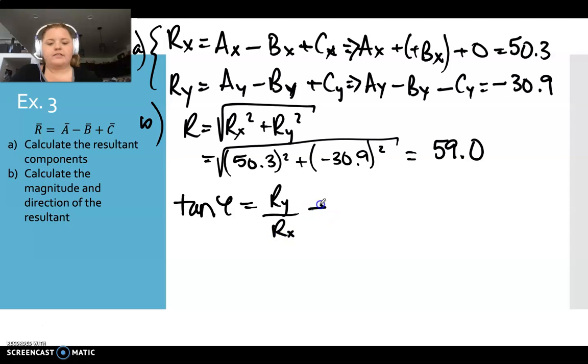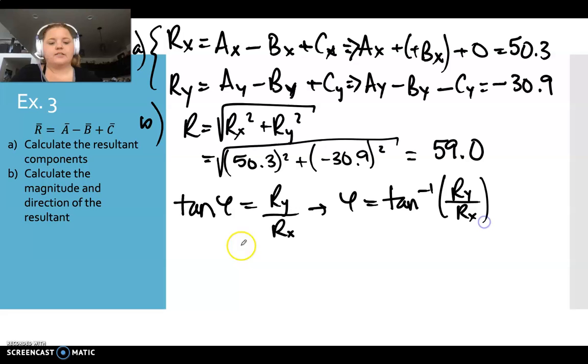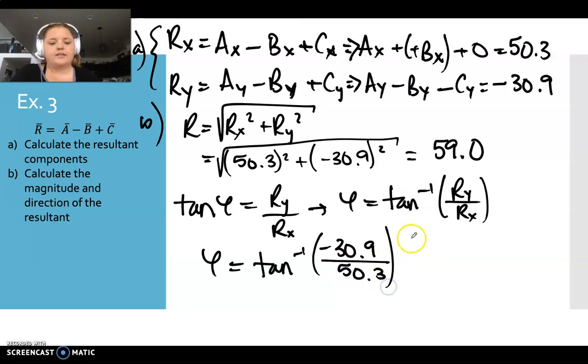And our direction is going to be tan of phi is equal to r sub y over r sub x, or phi is equal to tan inverse of r sub y over r sub x. So let's go ahead and plug in our values here. We have a negative 30.9 over 50.3, and let's plug that into our calculator, and don't forget that negative there.